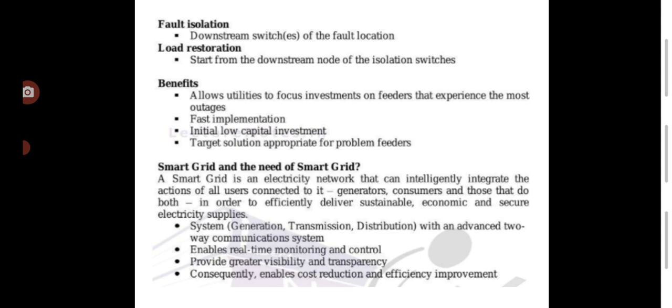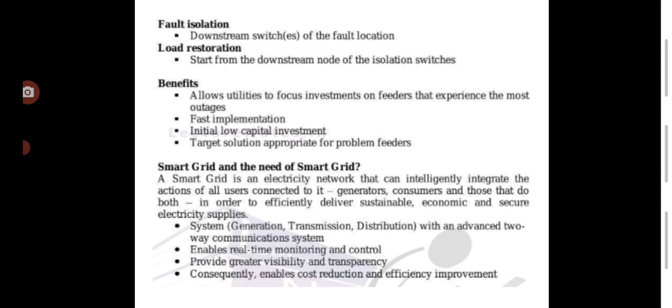Smart grids. So the next heading is the smart grid and its needs. Under this, a smart grid is an electrical network that can intelligently integrate the actions of all users connected to it.